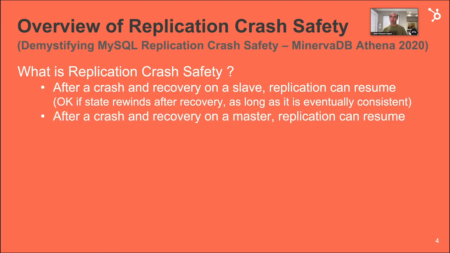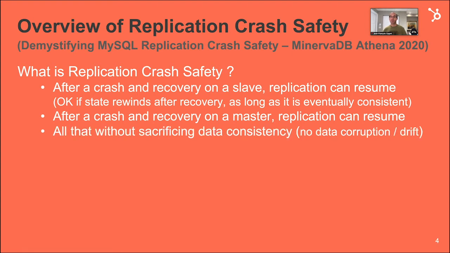And now we talked about the slave. What about the master? The master can also crash. And after recovery of a crashed master, the slaves should be able to resume replicating from it, which is not always the case. So this is also important. And all this without sacrificing data consistency.